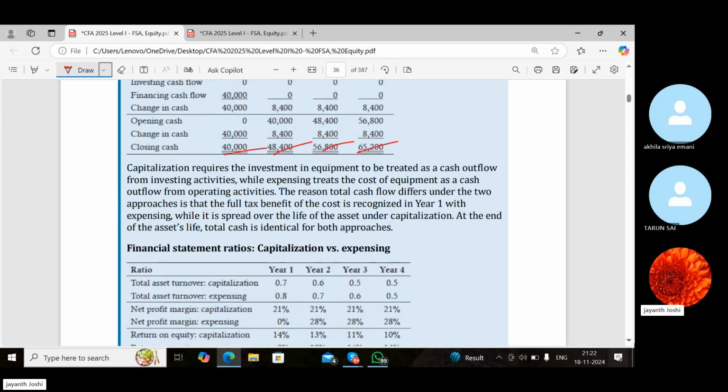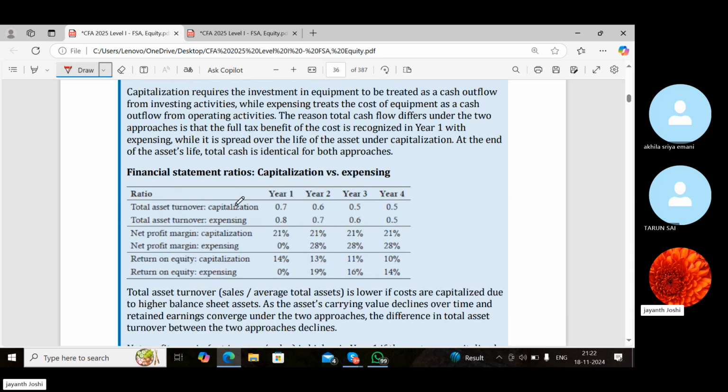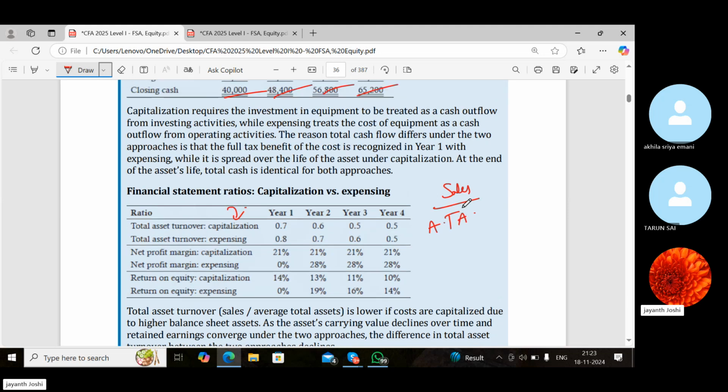So the first one is total asset turnover in case of capitalization. What is the formula for the total asset turnover ratio? Okay, it is sales divided by average total assets.